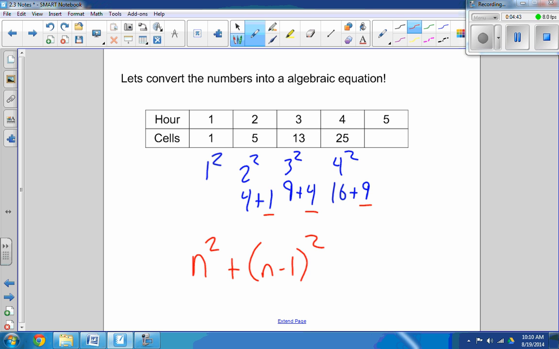So let's double check that. Does that actually work? Let's try it for term 4. 4 squared plus 4 minus 1 squared. 16 plus 9, 25. It does work. And so that is our algebraic equation for our biology problem.